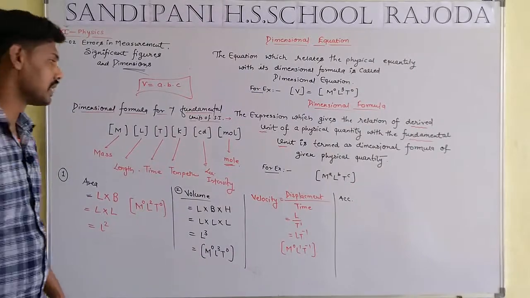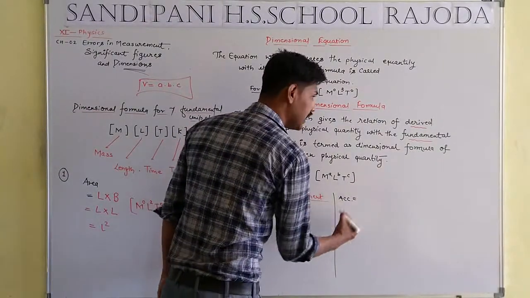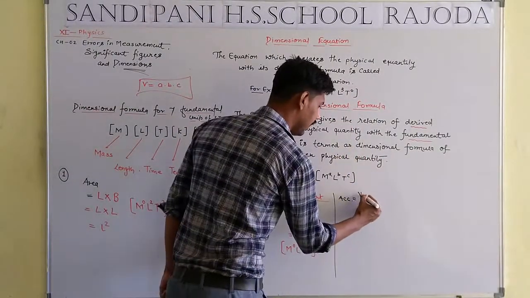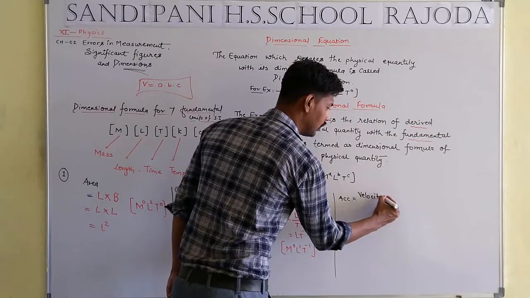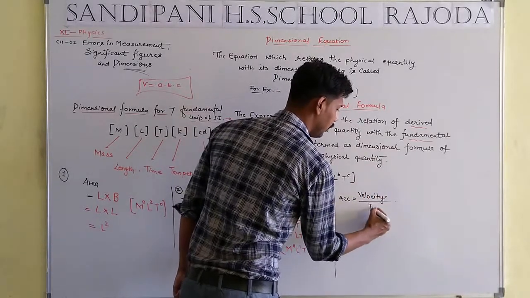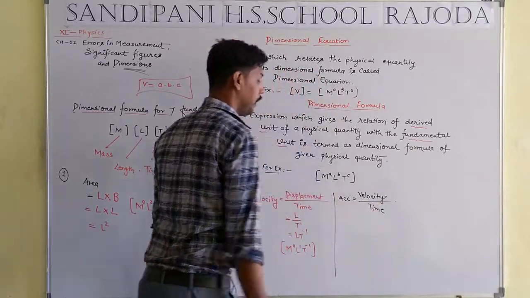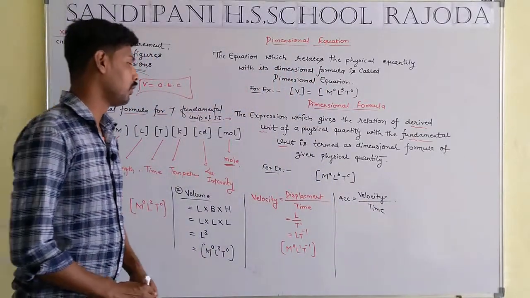Acceleration means the rate of change in velocity. The rate of change in velocity means velocity by time. So what is the dimension formula of velocity?